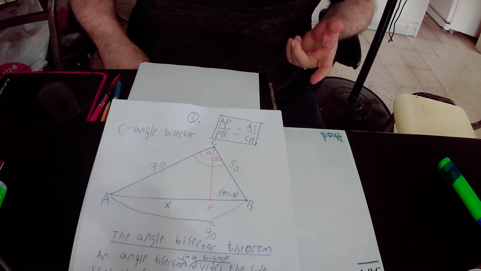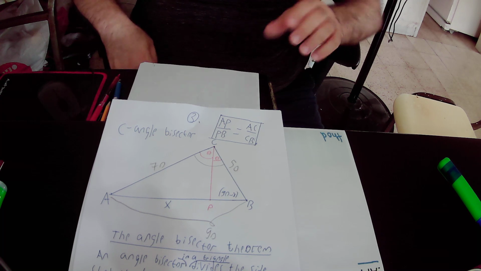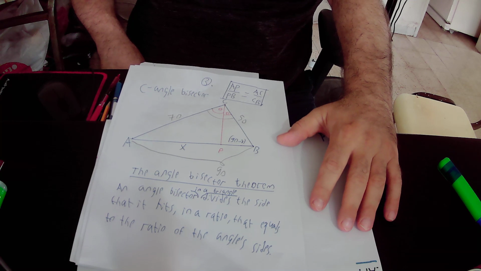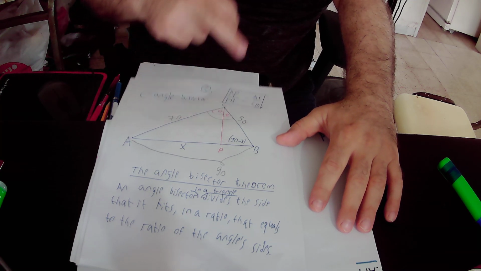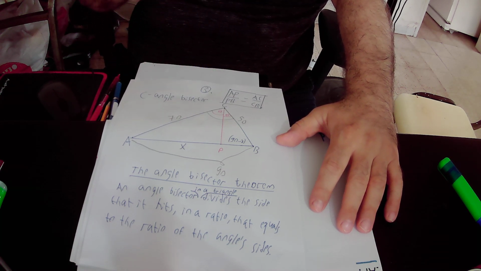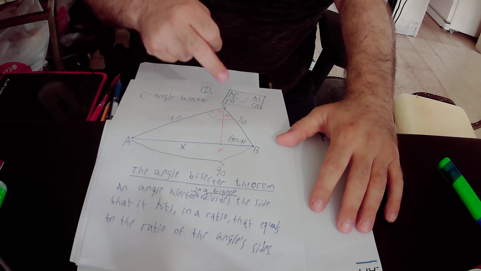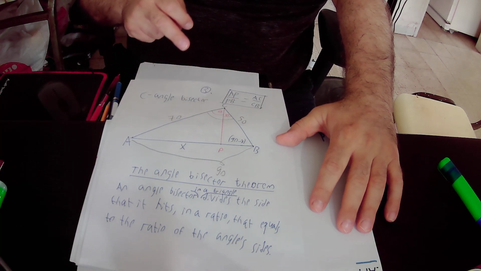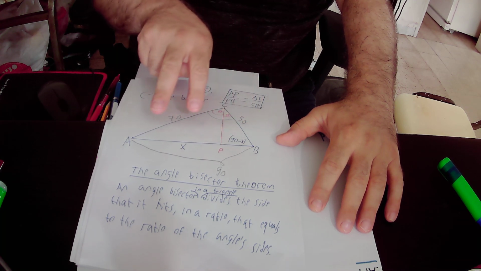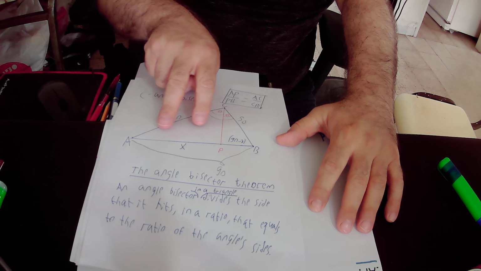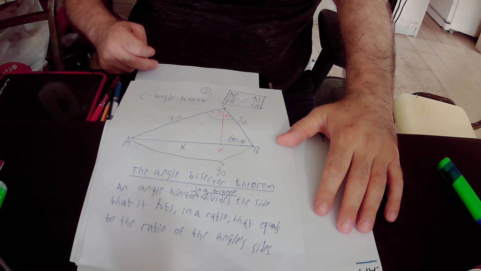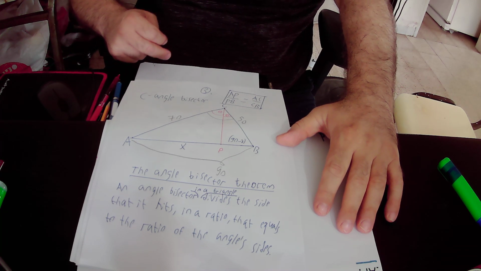And according to the angle bisector theorem, an angle bisector, that is to say CP in triangle ABC, divides the side that it meets. CP meets side AB and divides it into two parts, part AP and part PB, and the ratio between those two parts is AP over PB, and that ratio is equal to the ratio of the angle sides.